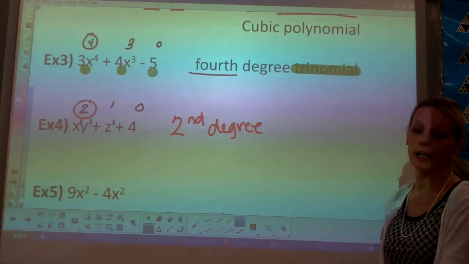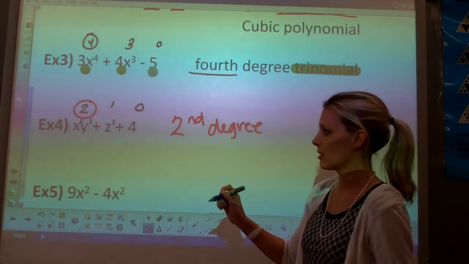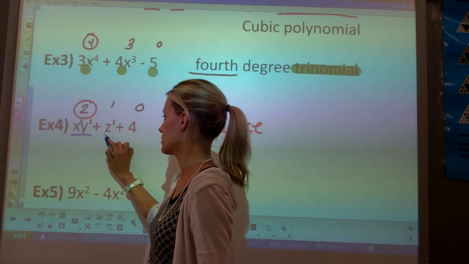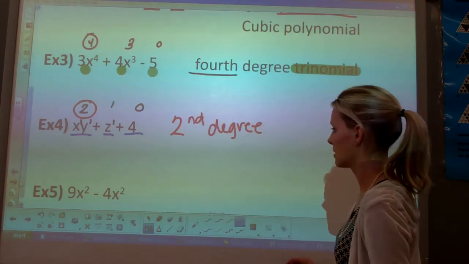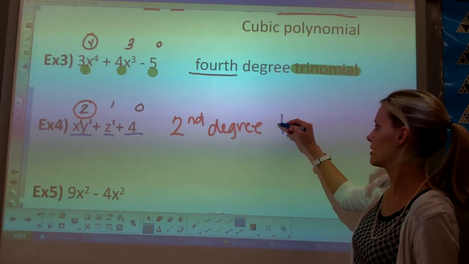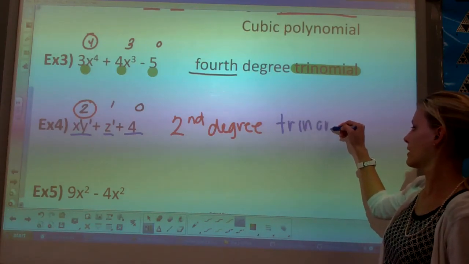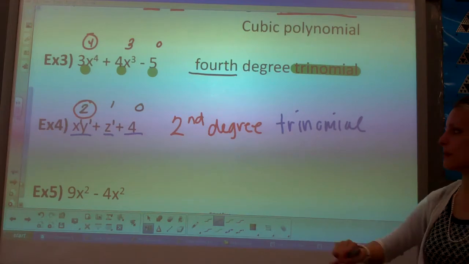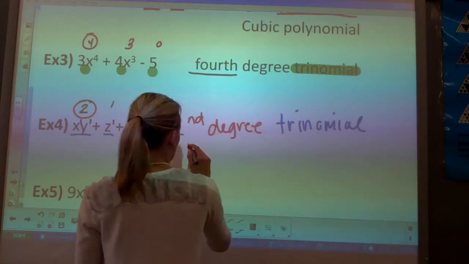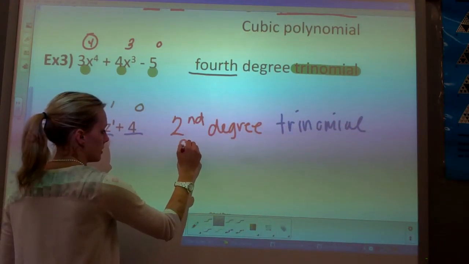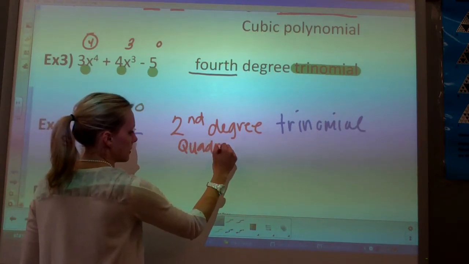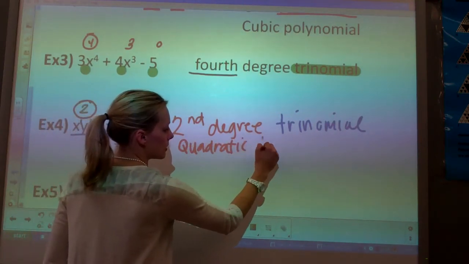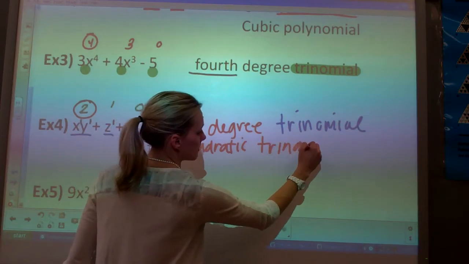And next you need to look at how many terms you have. We have 1, 2, 3 terms. So this would be a 2nd degree trinomial. Or our special name for 2nd degree is quadratic trinomial.